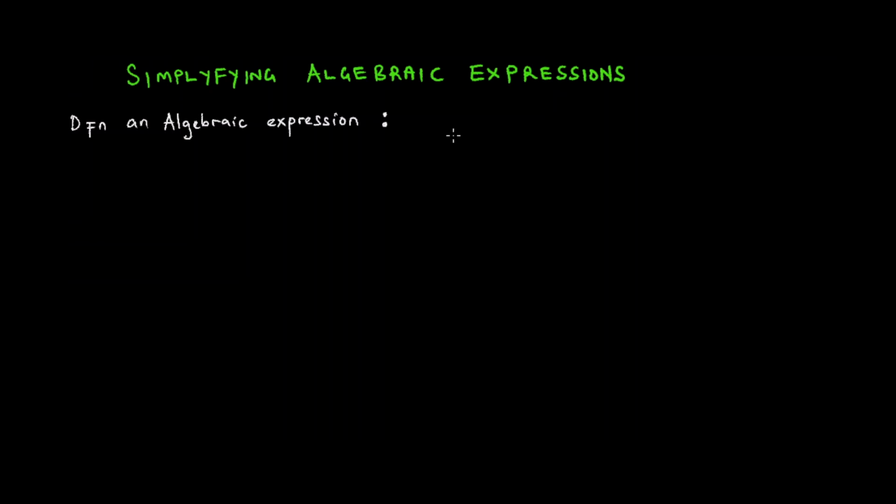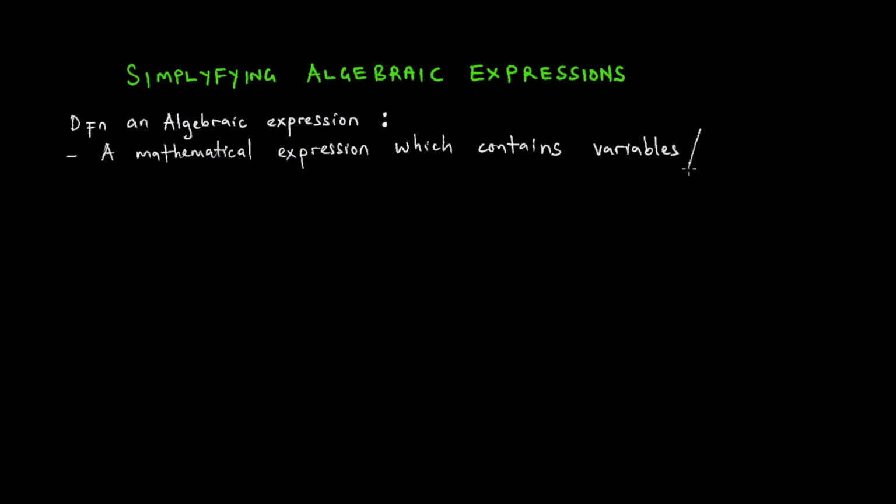When we define algebraic expressions, to put it in layman terms, an algebraic expression is a mathematical expression which contains variables, or sometimes called unknowns, and numbers.